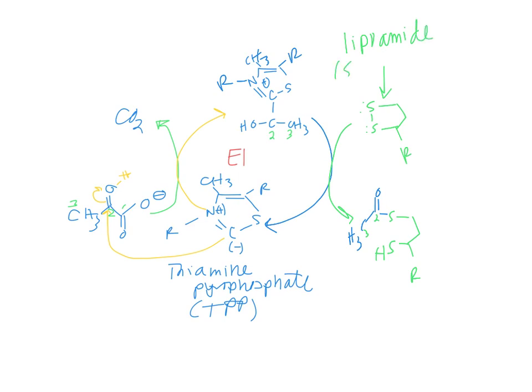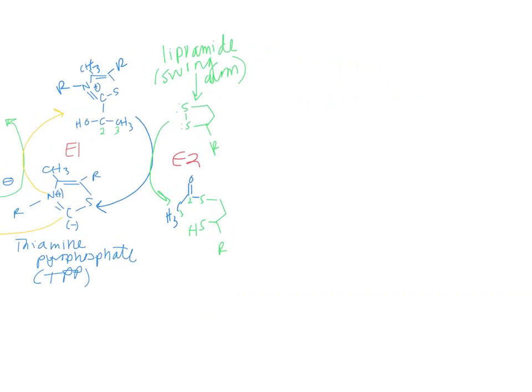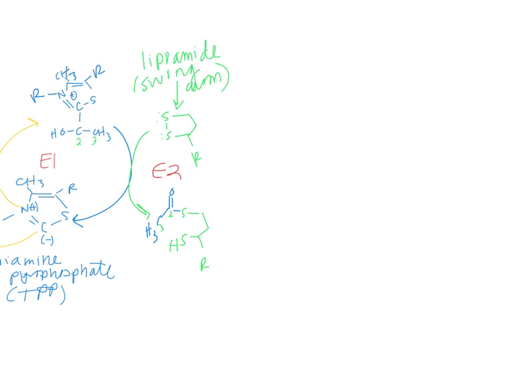It's also called the swinging arm, and I'll show you what that means in just a second. This is all happening at E2, and another thing that happens at E2 is that the CoA comes in.